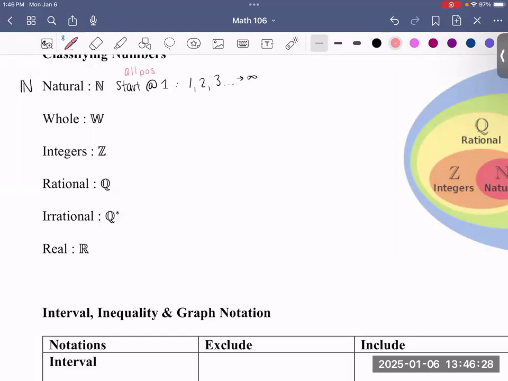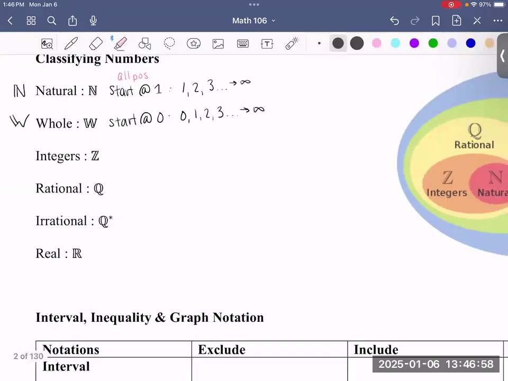So then what are whole numbers? Their notation is a W with two bars when you see it. Where do whole numbers start? If you said between 1 and 0, we already used 1, so whole numbers start at 0. Very much like natural numbers, we just add a 0, and again they go all the way up to infinity.